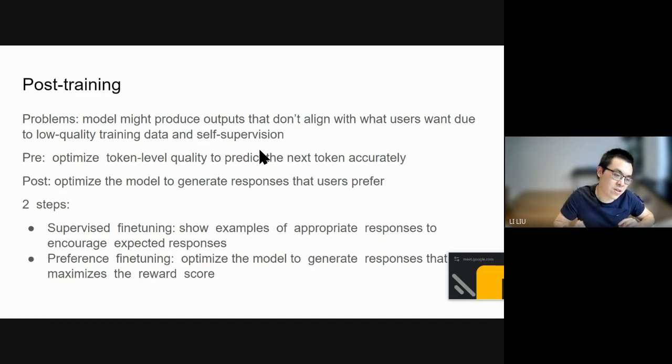The first is called supervised fine-tuning, which is about showing examples of appropriate responses to encourage the model to return the expected responses. This is really just like teaching a kid certain tasks. We give them some examples so that they know what is good and what is bad.